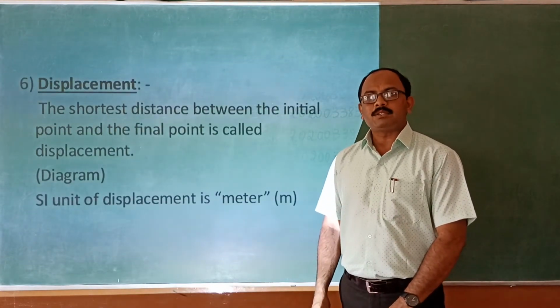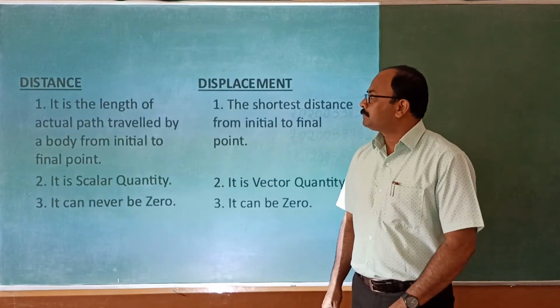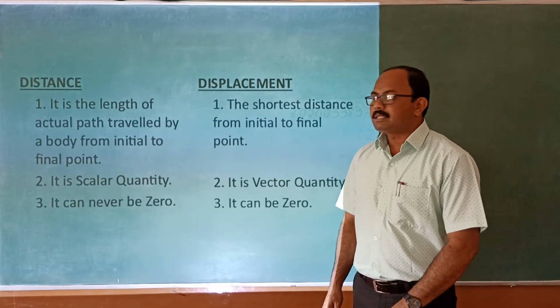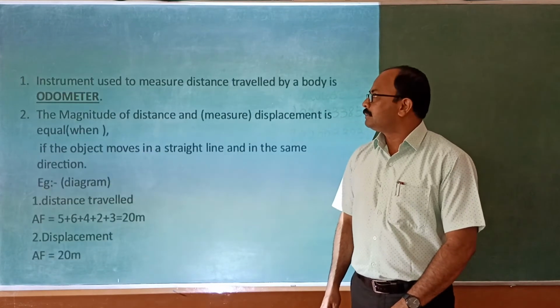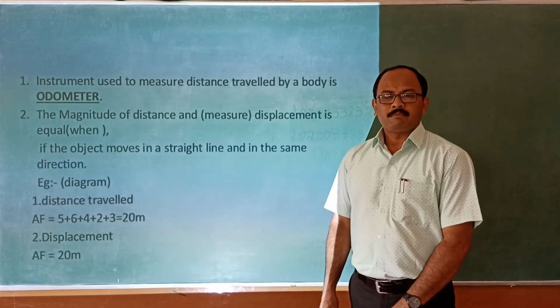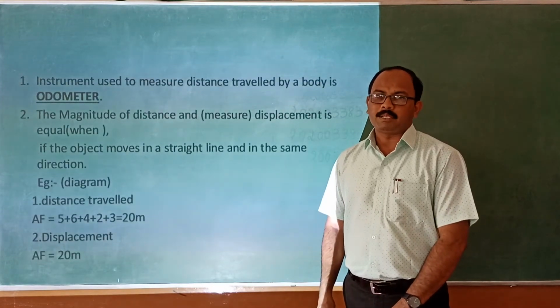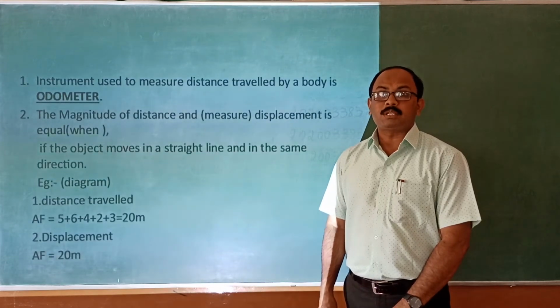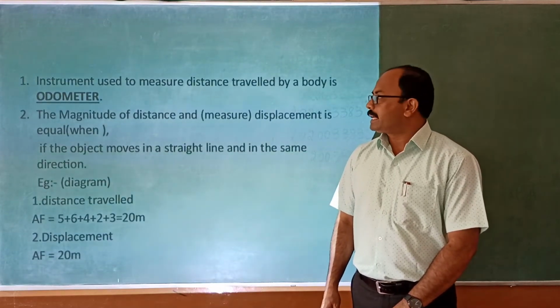Its SI unit is also meter, children. The difference between distance and displacement, at least three you must learn, children. There is a device called odometer which measures the distance traveled by the body. There is a device called speedometer which measures the speed of the vehicle.